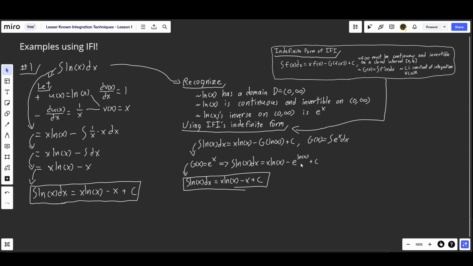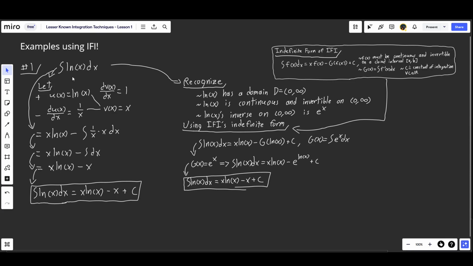So this will just produce x. So our final result is the same as what we received using integration by parts, and that's that the indefinite integral of natural log of x with respect to x is equal to x times natural log of x minus x plus the constant of integration c.